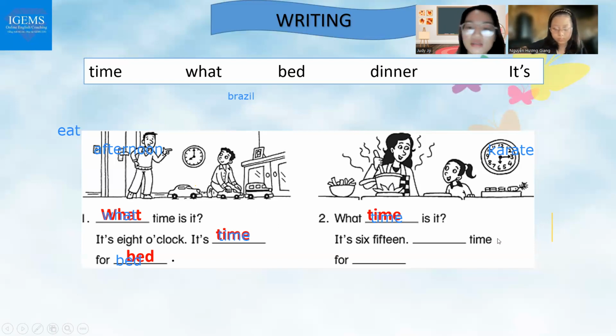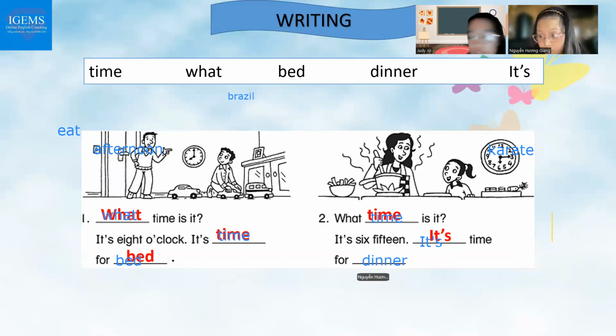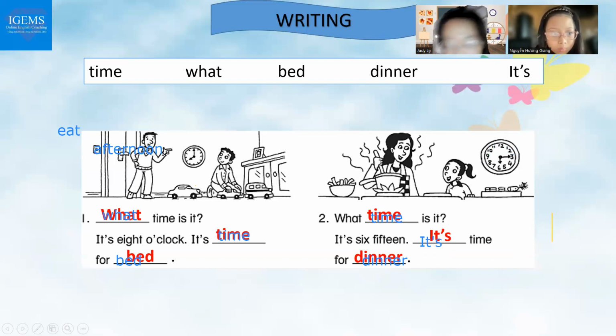The answer is 6:15. It's time for dinner. That's right. It's time for dinner because you can look at the clock. It's 6:15. So they have to have dinner.